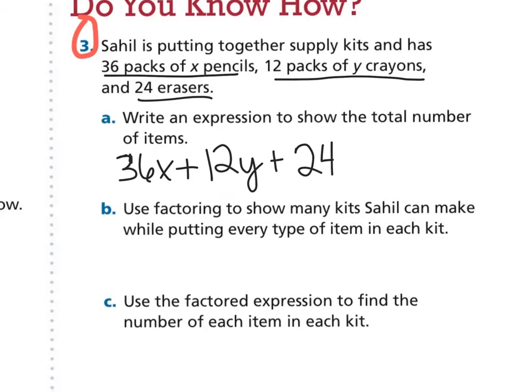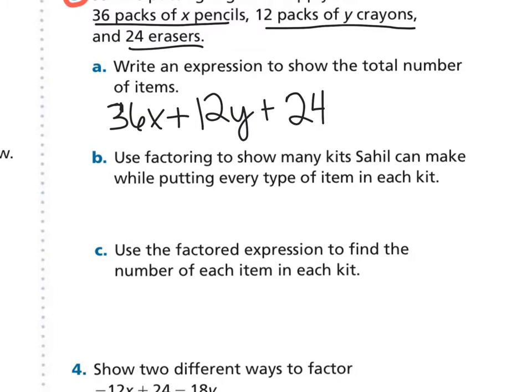And then we're going to use factoring to show how many kits Sahil can make while putting every type of item in each kit. So we're going to factor this out. So we're just looking at our numbers here. And I'm going to start by looking at that smallest number, which is the 12. I'm going to think about whether all of those numbers are divisible by 12 or not.